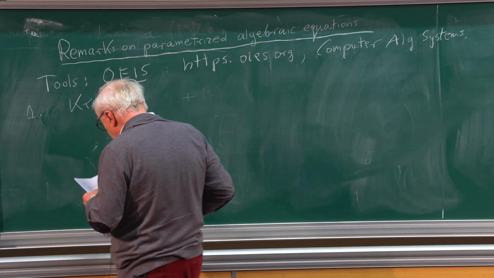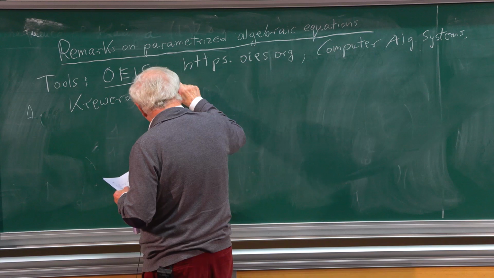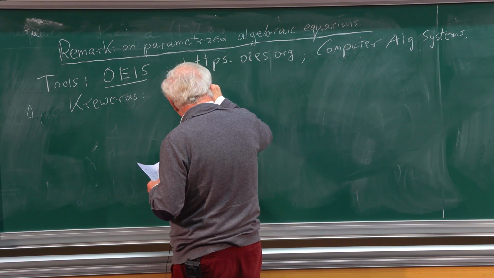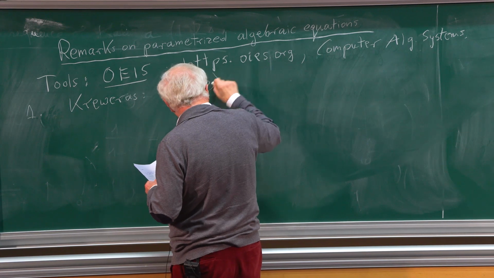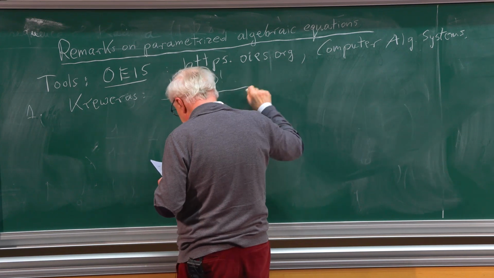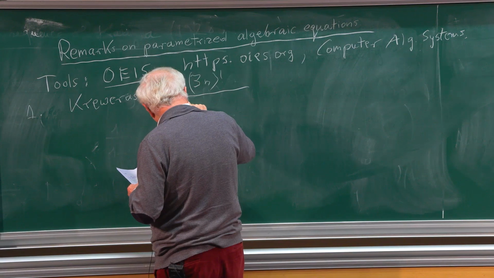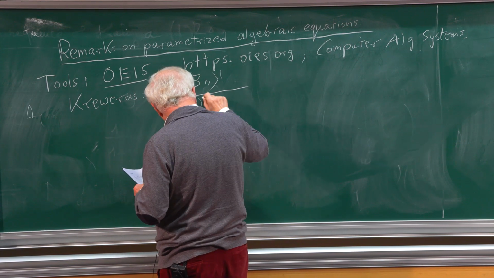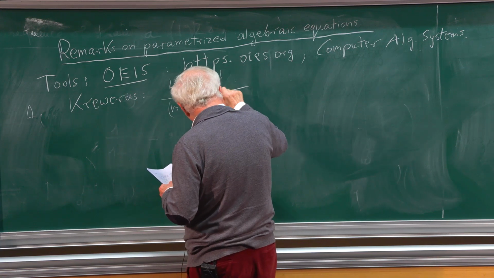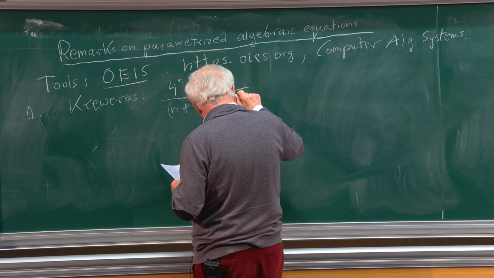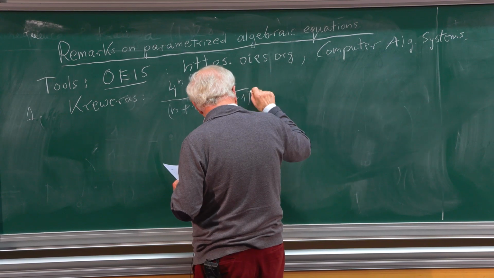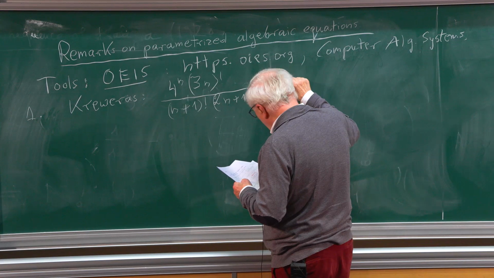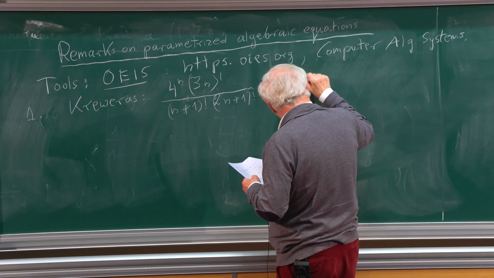I give the formula for n: 3n divided by n plus 1 and 2n plus 1, which gives 1 to 16.